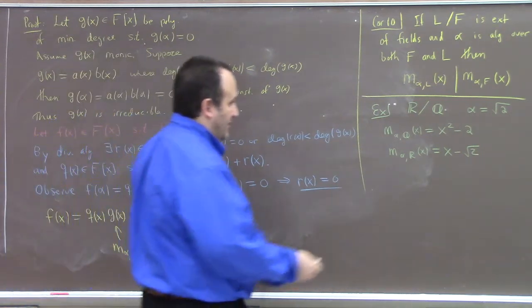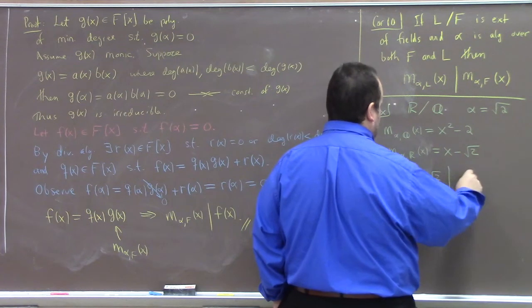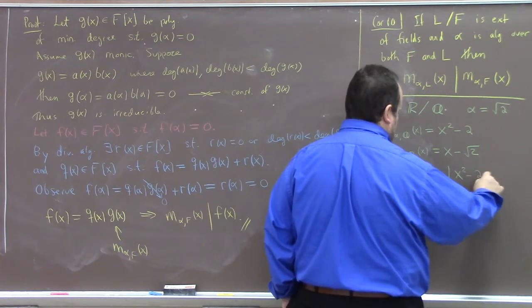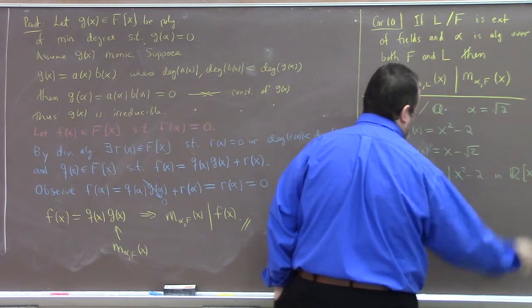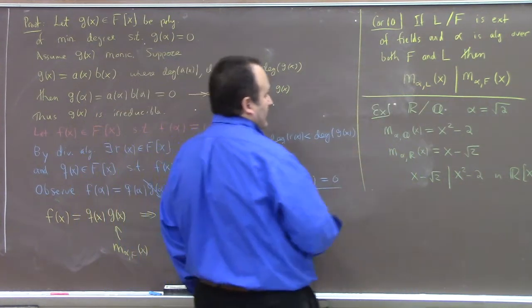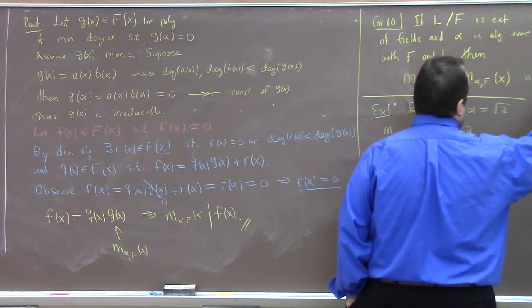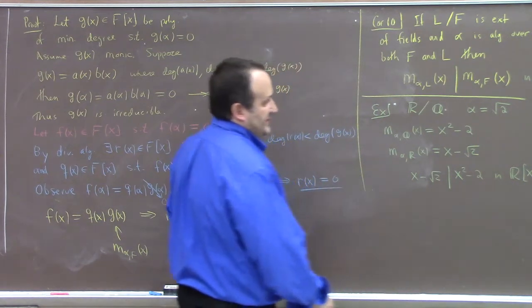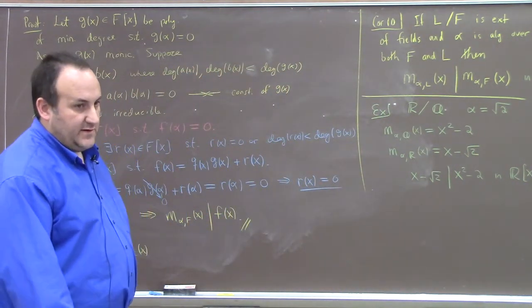And as you can see, x minus the square root of 2 divides x squared minus 2 in R of x. So the complete statement of corollary 10 was that this was in L of x. I just didn't write it, but the divisibility occurs in the extension field.